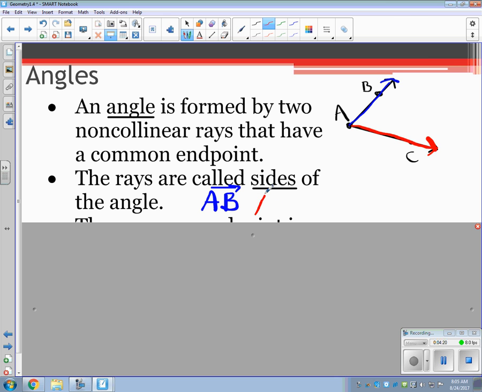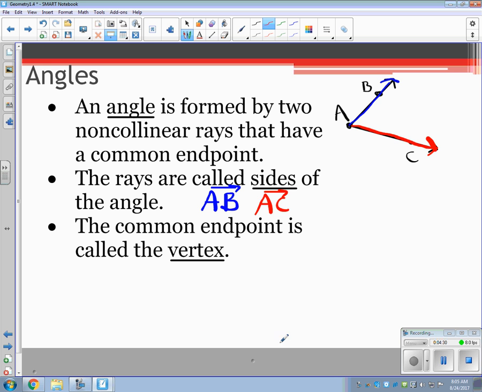And then ray AC would be the other side. So when you're asked to name those on the assignment, make sure that you put the arrow up above it and endpoint first. And then something else we'll identify is the common endpoint is called the vertex. So the vertex for this one would be A. The common endpoint is called the vertex.